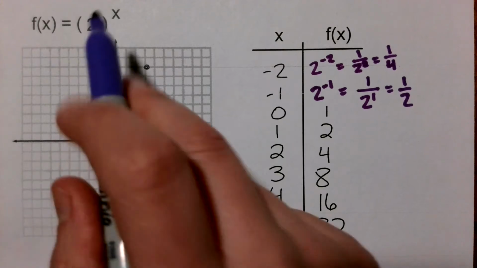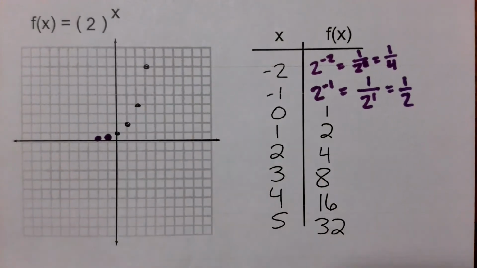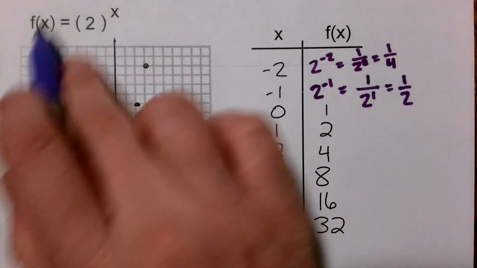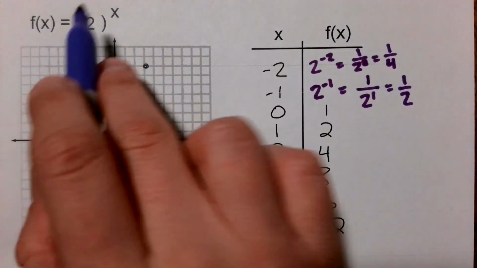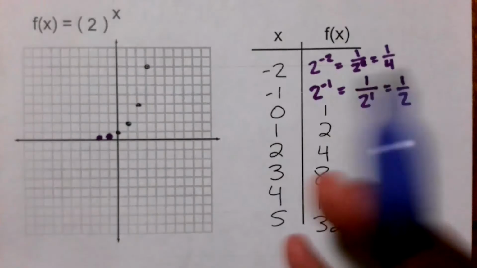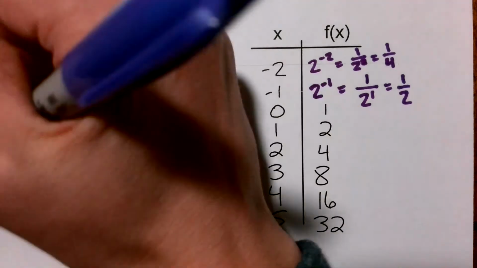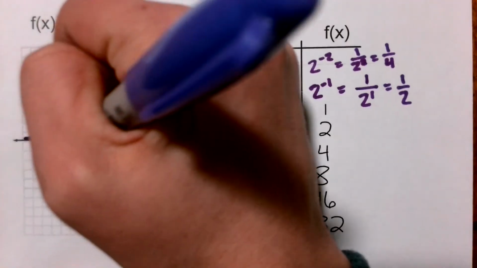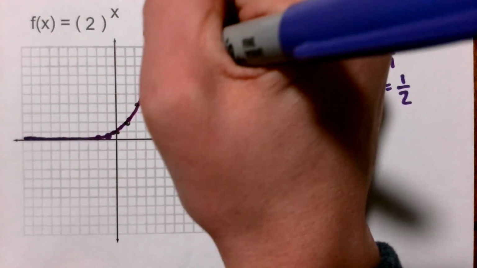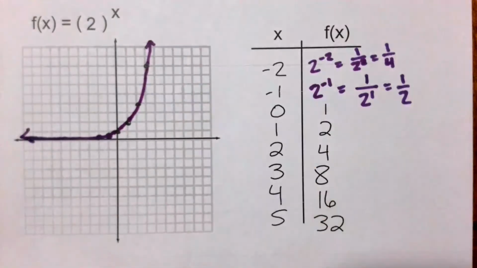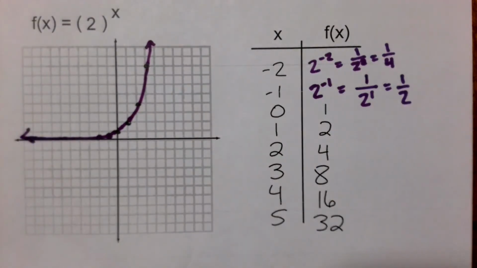There's nothing that I could ever plug in for x that would give me a value of 0 or lower in this situation. Now, if I had a negative out in front, or some different shifting things going on, then sure. But for our parent function, we're just looking at it being very close to 0 and then exponentially growing as x gets closer to infinity.